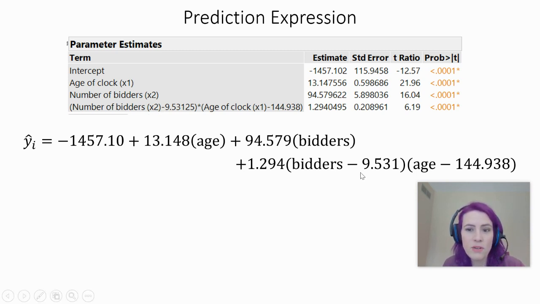So the number of bidders minus 9.531, because that's the average number of bidders among all the auctions. That difference times age minus 144.938, because that was the average age of all the clocks. So you could use that expression, just plug in a particular age and a particular number of bidders, as long as it's not an extrapolation, and then you could predict the price.